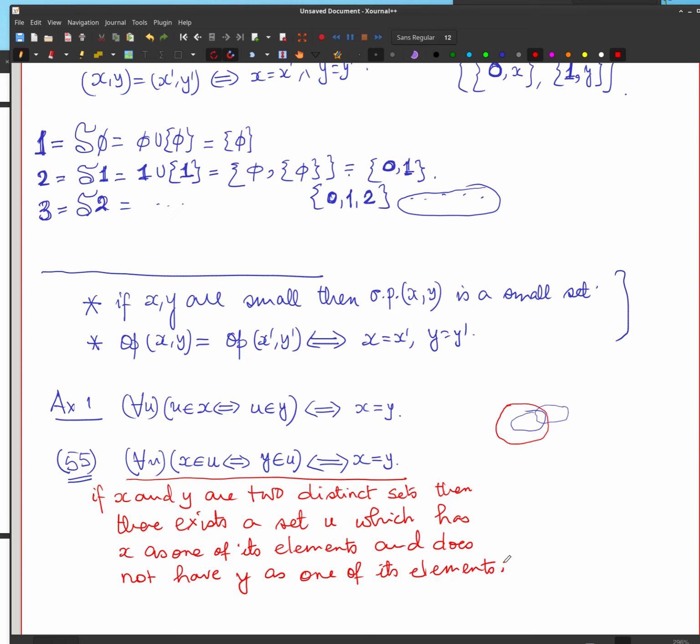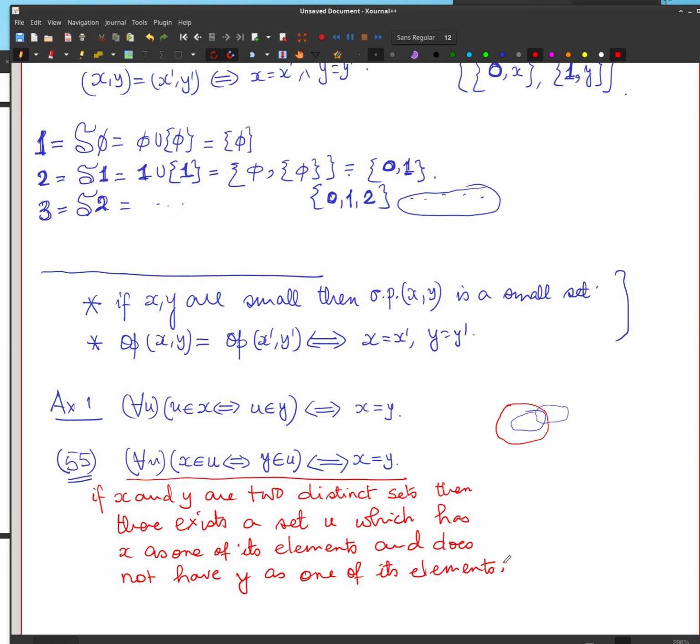Well, if we start thinking, if x and y are two sets, singleton x is obviously a set which contains x but doesn't contain y. It's as simple as this. Yes, it is true, because x is a small set, then singleton x is one such. Yeah?